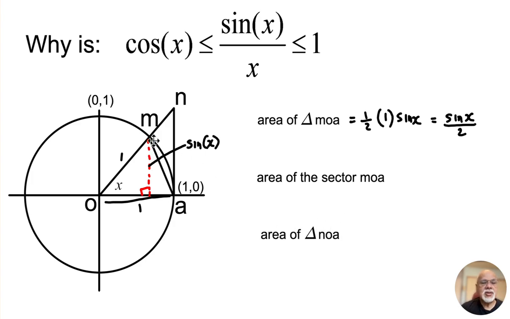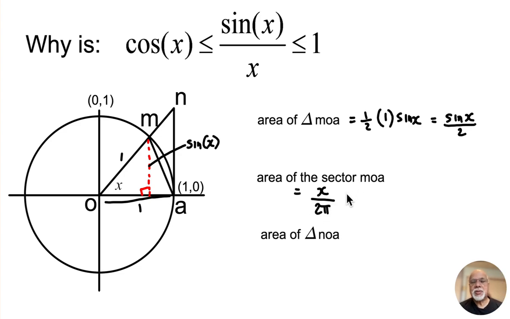Next, we're going to take a look at the area of the sector MOA. Well, for the area of the sector, we'd have to figure out what fraction that angle x is of the entire circle, which is 360 degrees or 2 pi. So that fraction would be x divided by 2 pi.